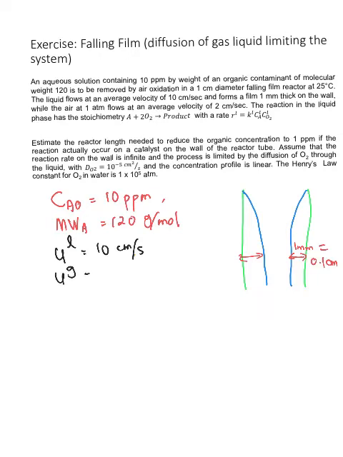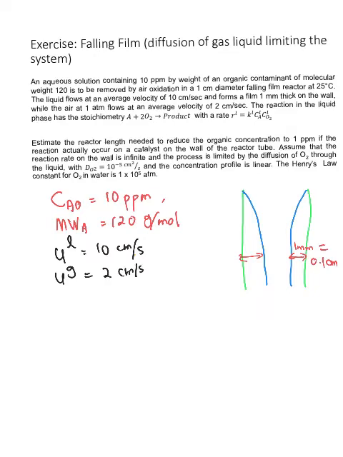Not all the values given in the question are going to be used to solve the problem, so don't be confused. If it is not related, just ignore the value. So for gas, velocity is 2 cm per second.